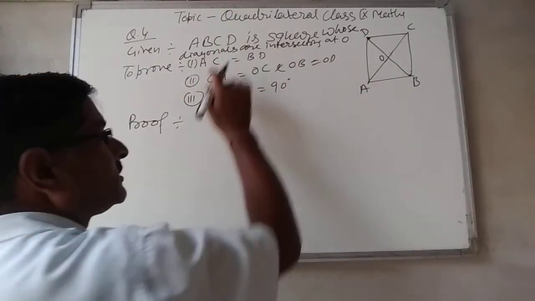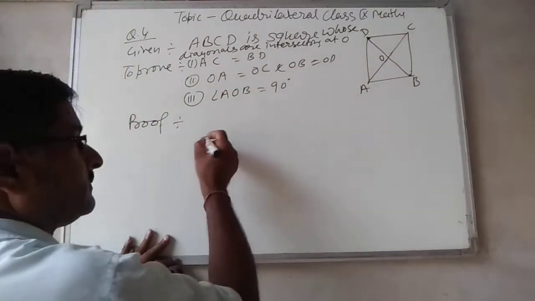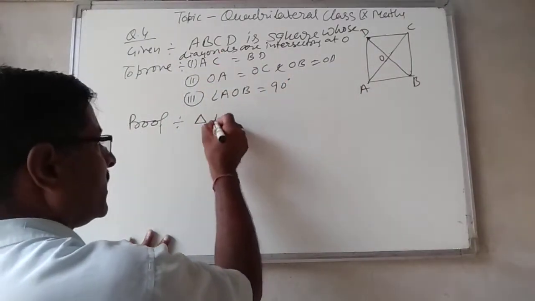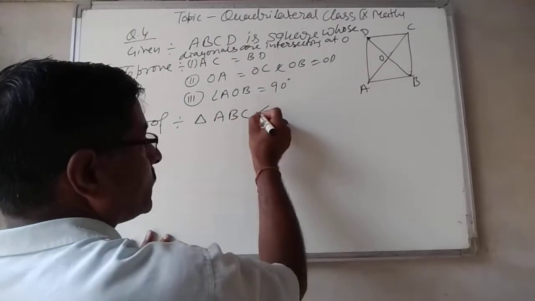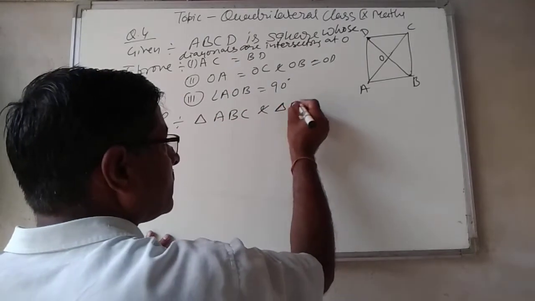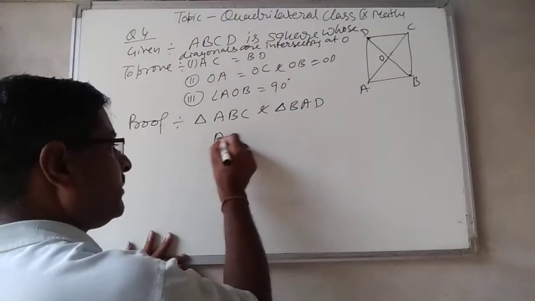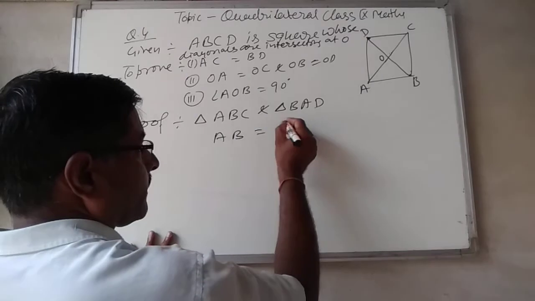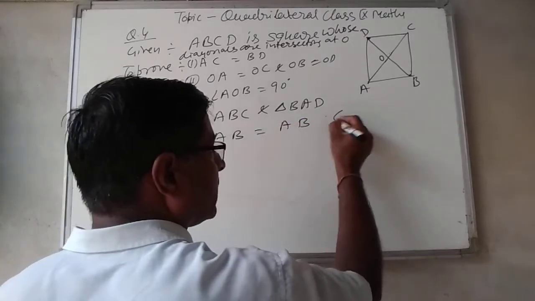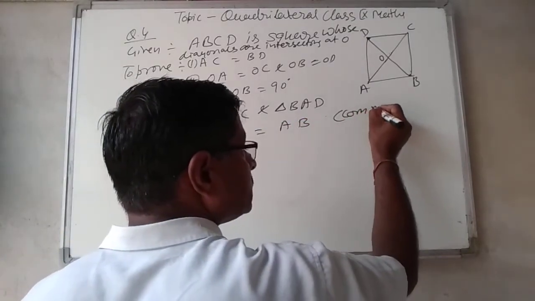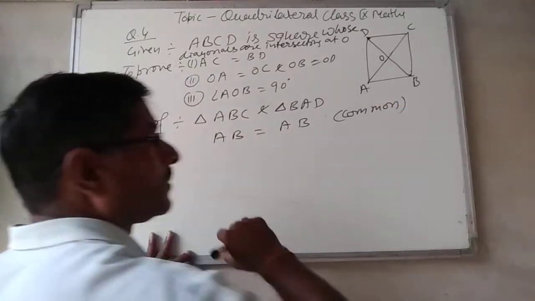So to prove the first result, we will consider here triangle ABC and triangle BAD. In these two triangles, AB is equal to AB, this is common in both triangles.